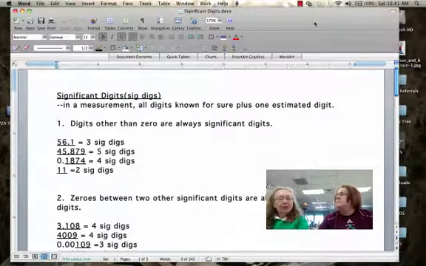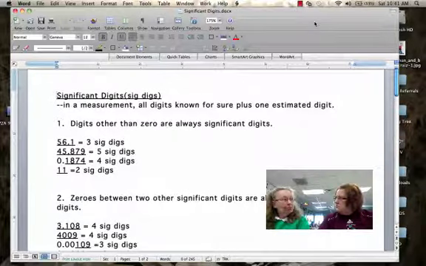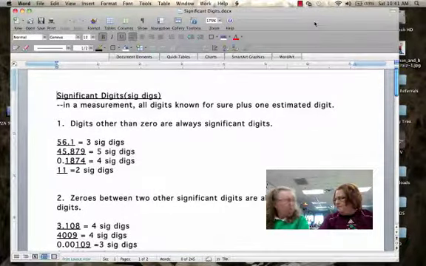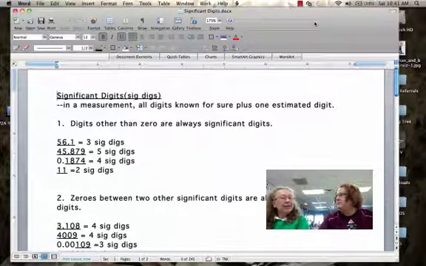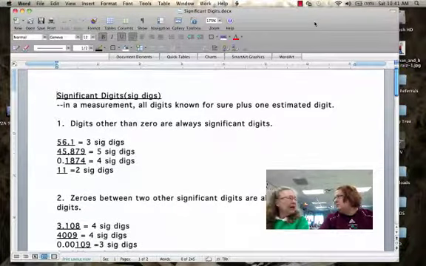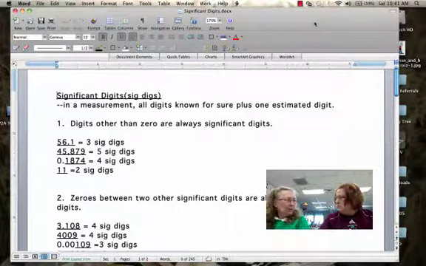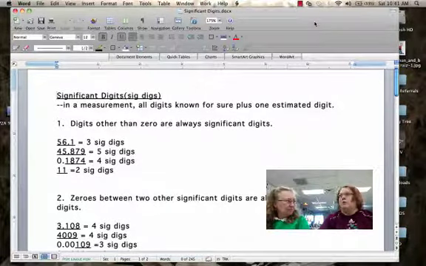There is a mark at exactly 21.5, so those are the digits you know for sure. The last digit, the 4, is your estimated digit. So all 4 digits, 21.54, are Sig Digs.